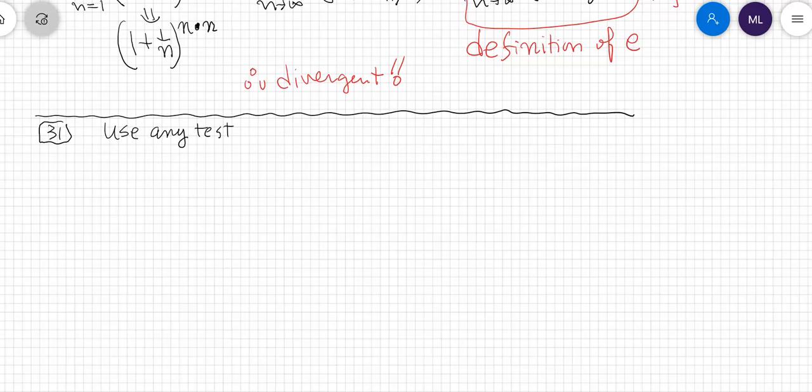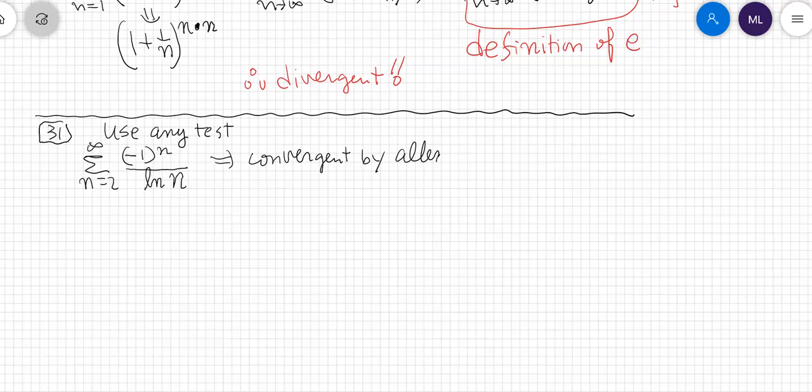Any test. So, the summation from n equals 2 to infinity of negative 1 to the n over ln of n, right? Now, this is a very good question, okay? Definitely, this is convergent. Convergent by what?